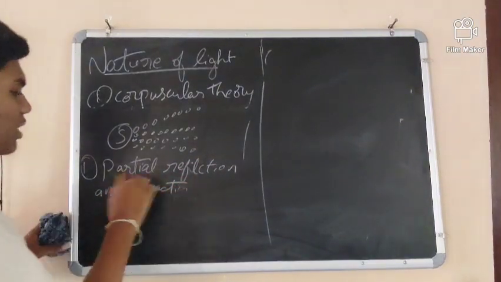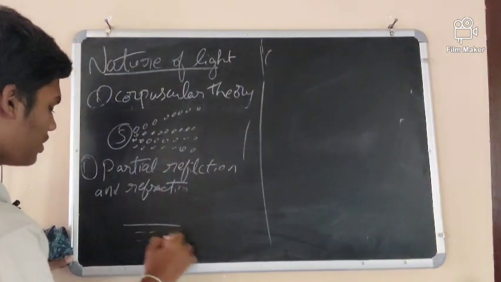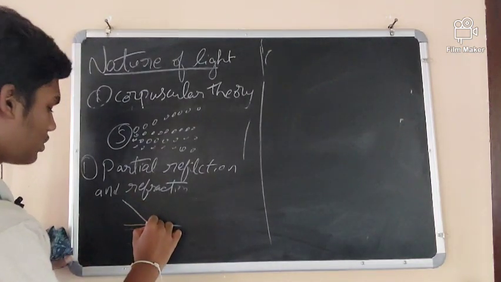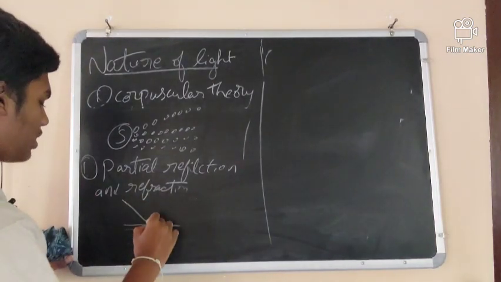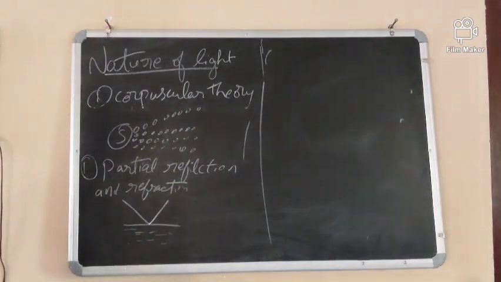So what is meant by this partial reflection and refraction? When we take this air medium and this water medium, light is incident at one point and reflects, but actually it also refracts.